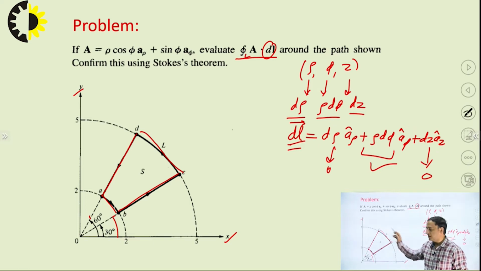From C to D, phi is varying, rho is constant, and z will always be constant, because this path or surface is lying on z equal to 0. So z will always be 0 for this case, right? And D to A, rho is varying from rho equal to 5 to rho equal to 2, but phi is constant. For the phi value, this is 60 degrees.